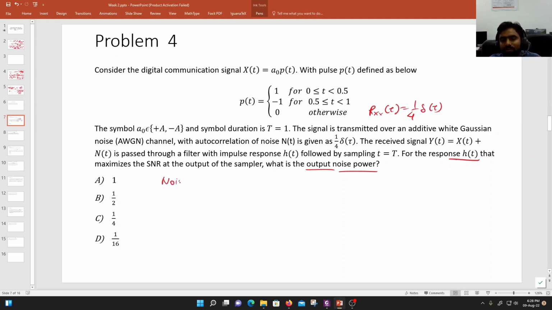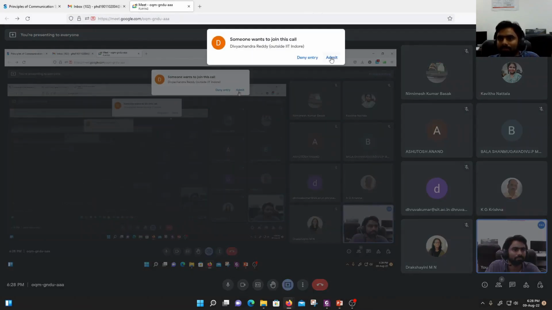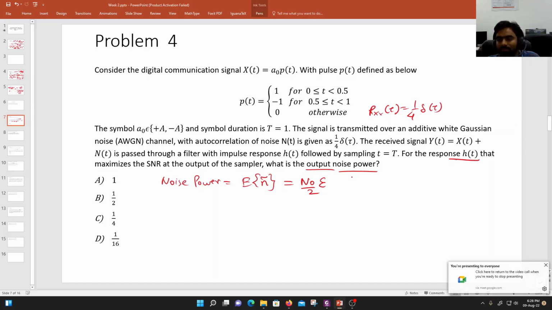The noise power for such a system was already seen in the class. The expected value of n tilde squared would be N0 by 2 times the energy of the filter h, E of h.